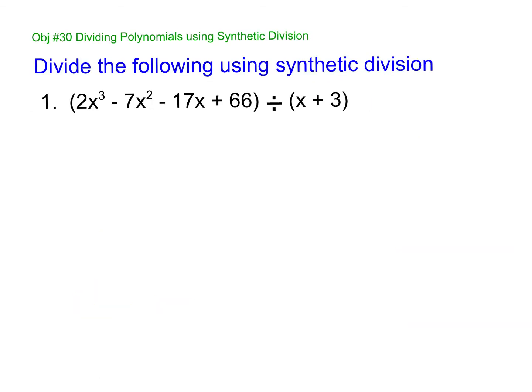Okay, so I'm going to write this out. Put your pencil down, just watch this. I'll tell you when to write it. What we're going to do is write down all the coefficients. So I've got 2, negative 7, negative 17, and 66. And I'm going to do this kind of upside down division symbol.